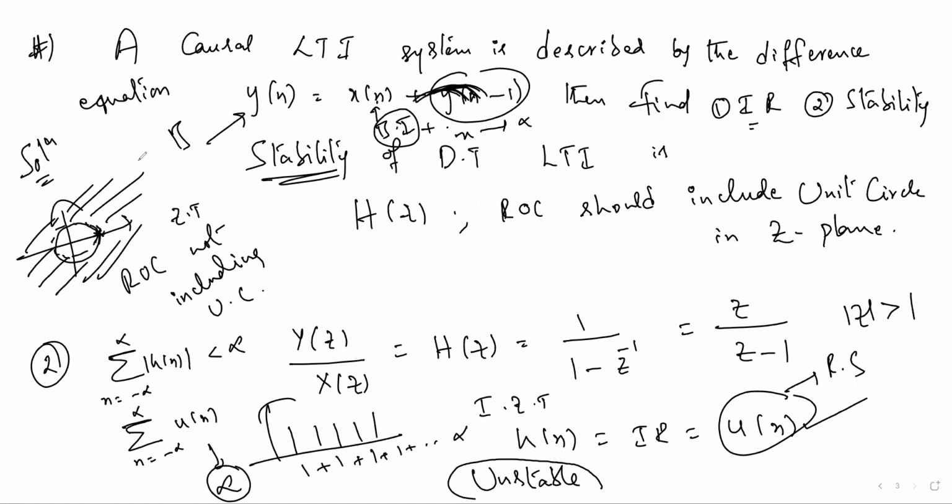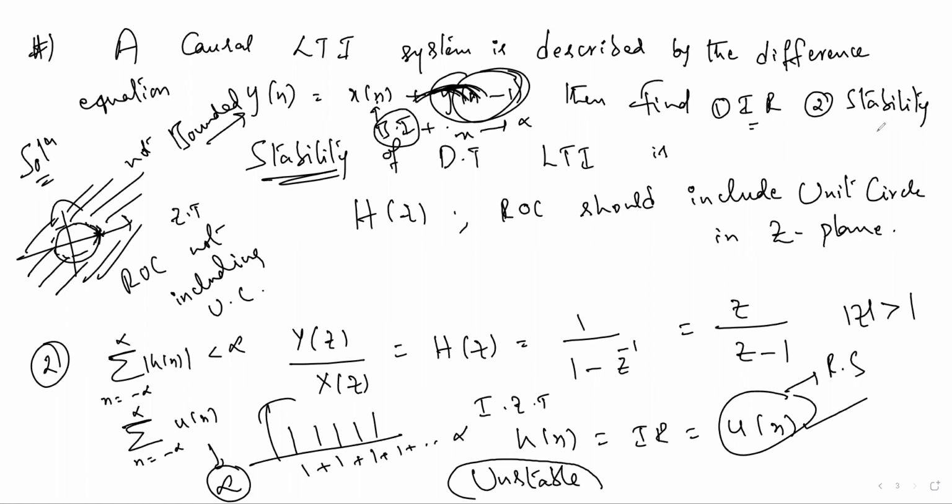So a bounded input produces an unbounded output because of adding y of n minus 1. Like that you can also check the stability. So I have told you three methods to check the stability. So this is an unstable system. Fine.